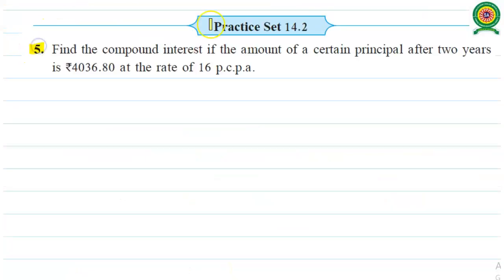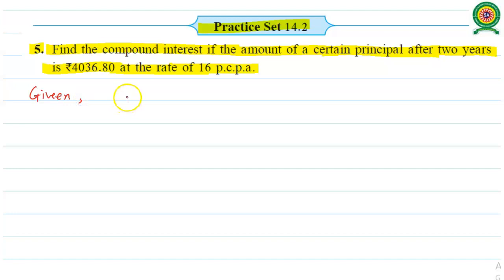Look at question number 5 from practice set 14.2. Find the compound interest if the amount of a certain principal after 2 years is 4,036.80 rupees at a rate of 16% per annum. So what is given now? Read the question carefully.